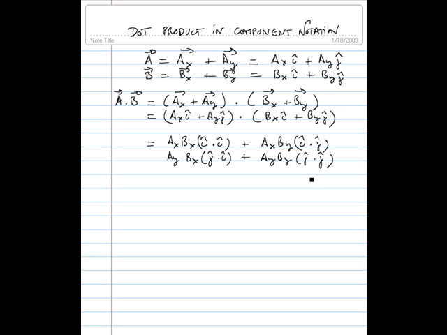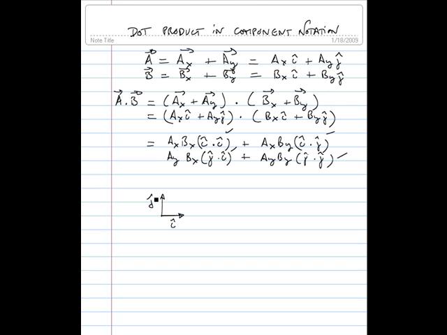So now I have a bunch of terms here. Let's figure out what to do with them. Let's start with this one. i is in this direction, and I know that its length is equal to 1. j is in the y direction, so perpendicular to i, and I know that it has a length of 1.